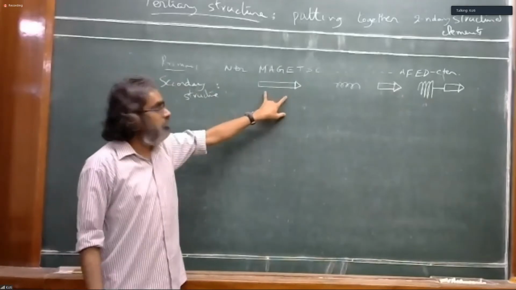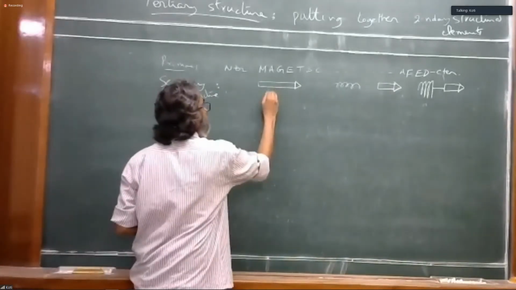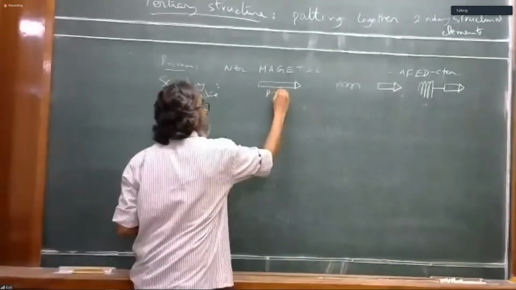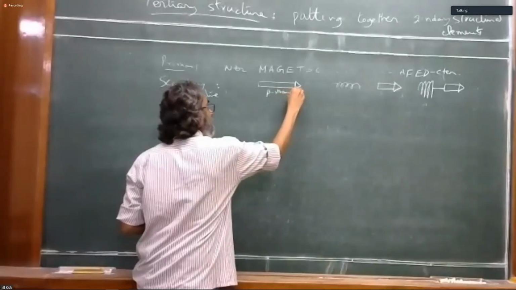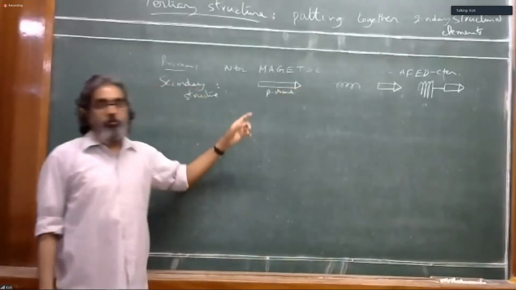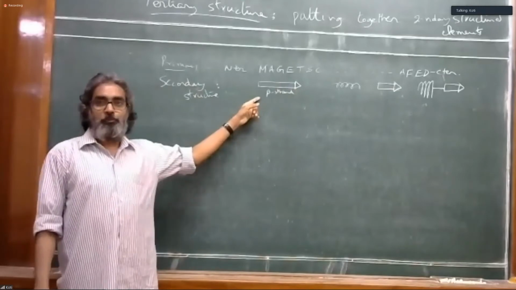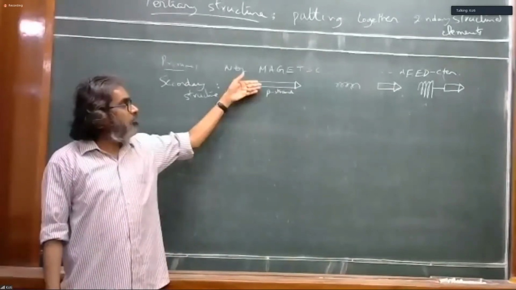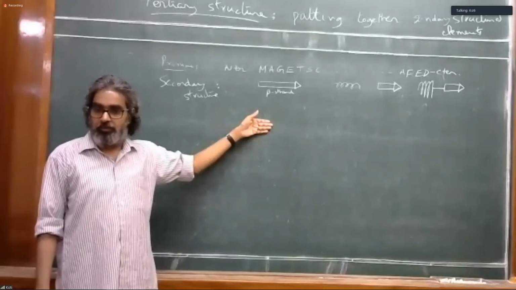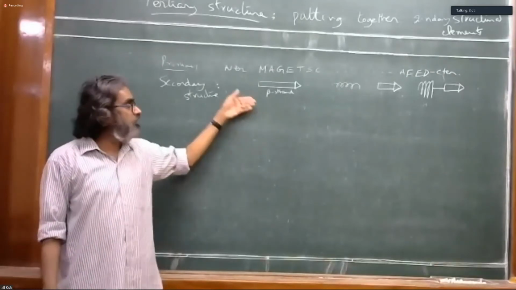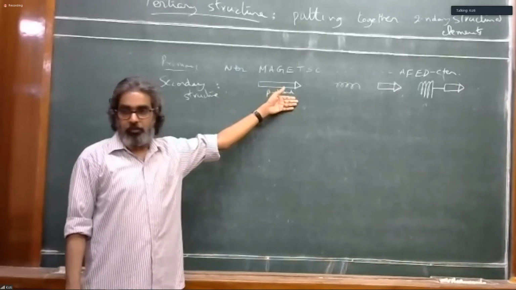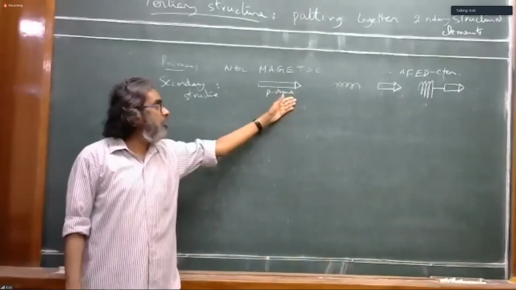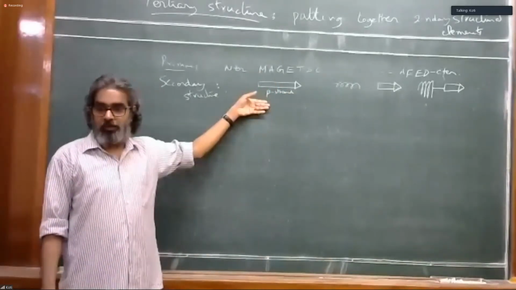Let's say the initial one is a beta strand. Only when another strand is placed adjacent to this will we know whether it forms a parallel or anti-parallel beta sheet. If another strand is placed in the same direction, from left to right, you call it a parallel beta sheet.